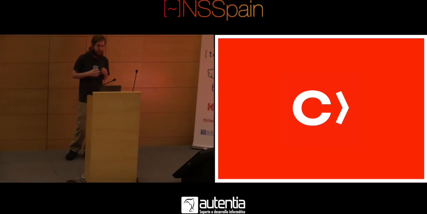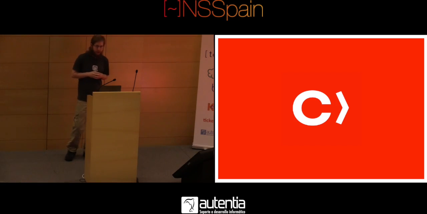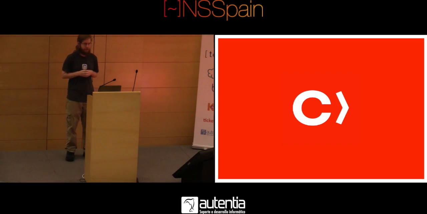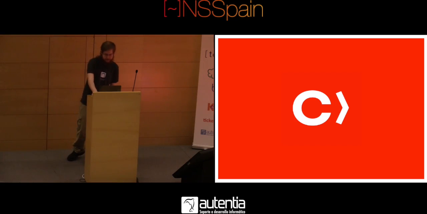CocoaPods is really great for third-party libraries, and you can also use it for internal libraries and parts of your app as well, although that's not quite as well supported and is a little more complex to set up. Unfortunately, you can't use CocoaPods to generate the actual main application target, so you still have to maintain at least one Xcode project, which can be a little annoying.